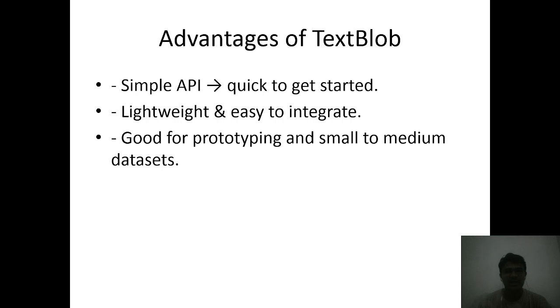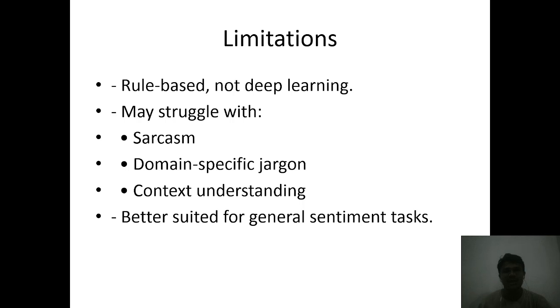The advantages of TextBlob are that it has a very simple API, and it takes very little time to execute the program. Therefore it is lightweight and easy to integrate, and good for prototyping and small to medium data sets. But it has some limitations also, because it is rule based and does not use deep learning inside.